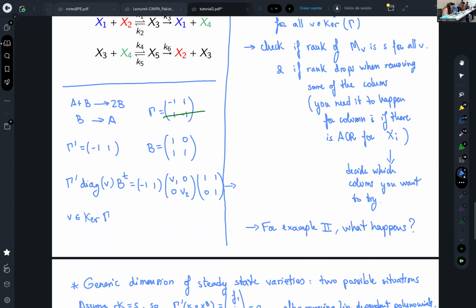So I would take B to be, for instance, A times (1, 1). Then I would have minus A times 1, 1, 0, 1. And this is minus A, 0.